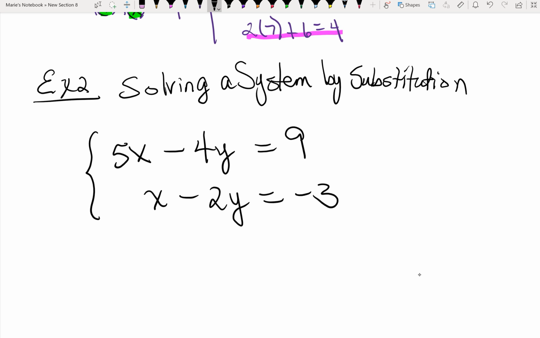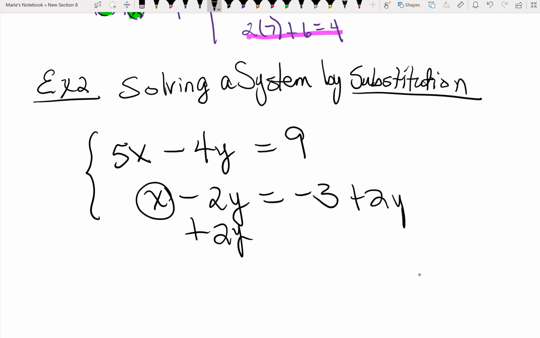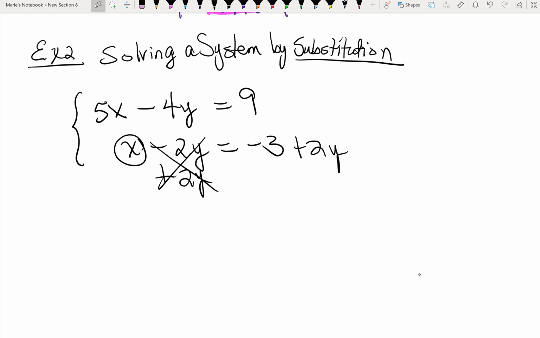Okay, the hint with substitution is usually this. You see how that x is by itself? What I'd want to do is add the 2y and bring it to this side. So that cancels, and you're now left with x is equal to negative 3 plus 2y, or 2y minus 3.